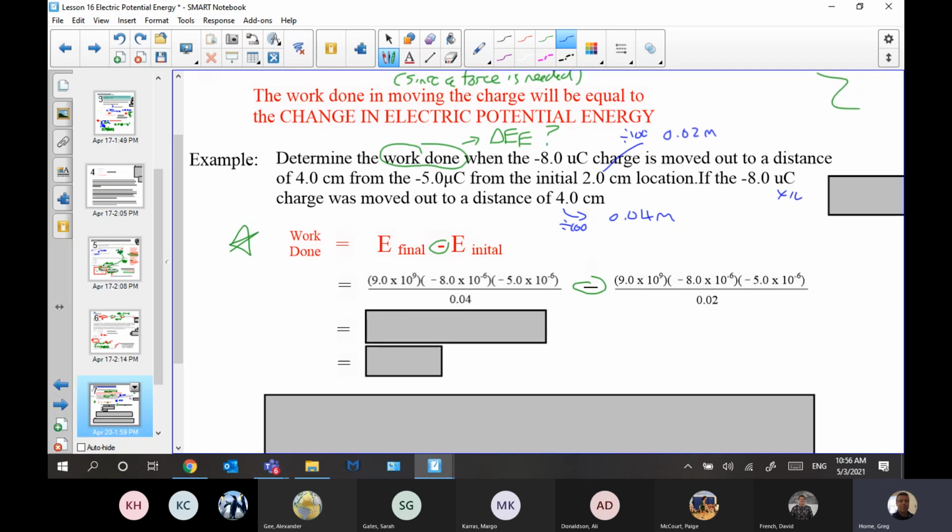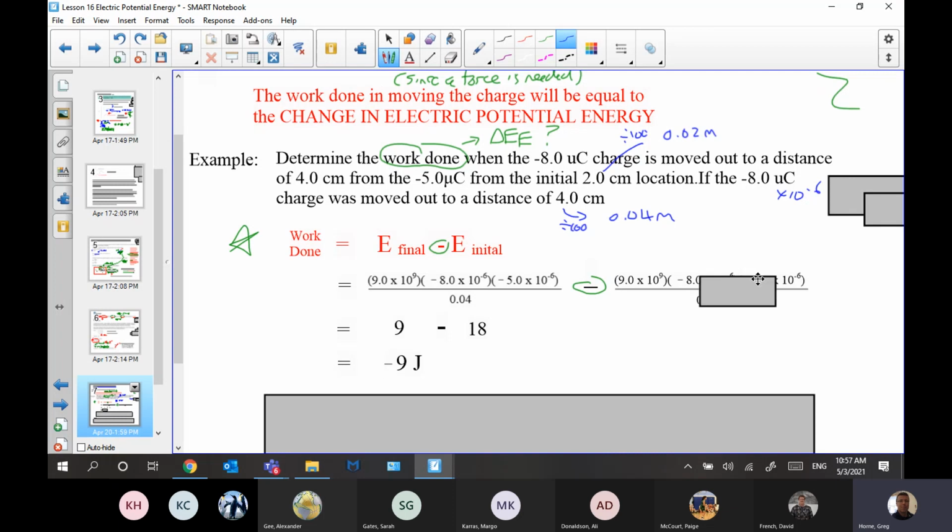This is times 10 to the negative 6, of course. They're in there like that this time because I typed it out. So just plugging in the given information, doing the usual final minus initial gives us a value of negative 9 joules.